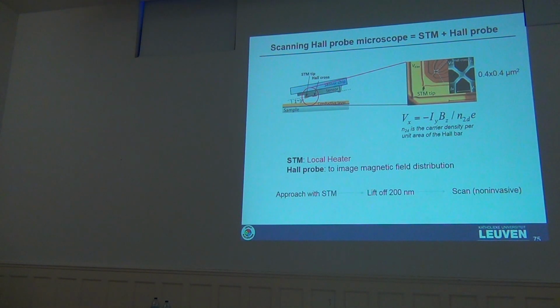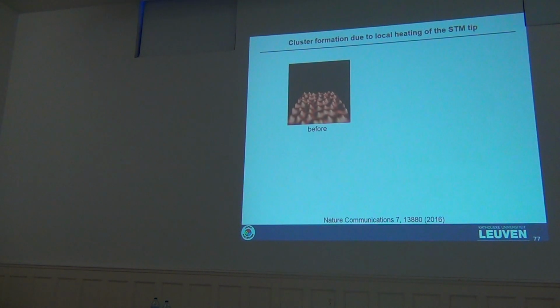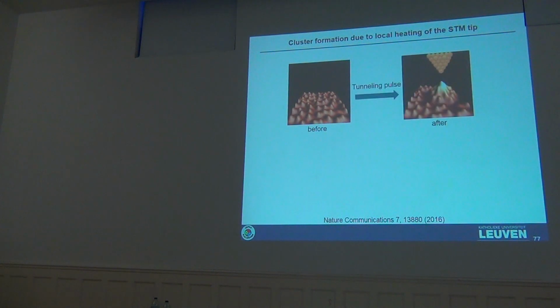We can use this STM as a local heater, and then we use the Hall probe to image the magnetic field distribution and the distribution of vortices. So this is before creating a hotspot with the STM tip. Then you heat it, and after applying a tunneling pulse, you create a hotspot, and there you trap the vortices.